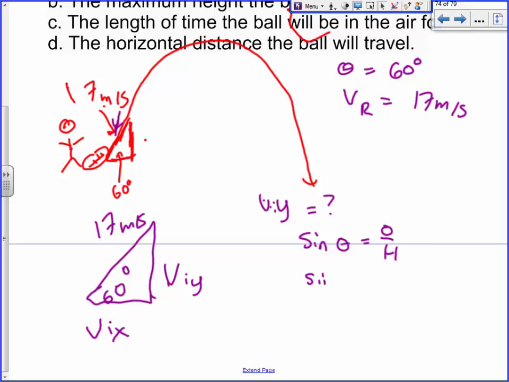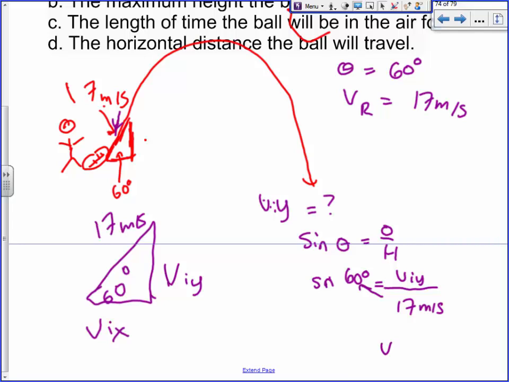So the sine of 60 degrees would be equal to our opposite, which is velocity initial in the y direction, divided by the hypotenuse, which is 17 meters per second. And that'll get us our initial velocity in the y direction. So I just got to take the 17 and times it up there.